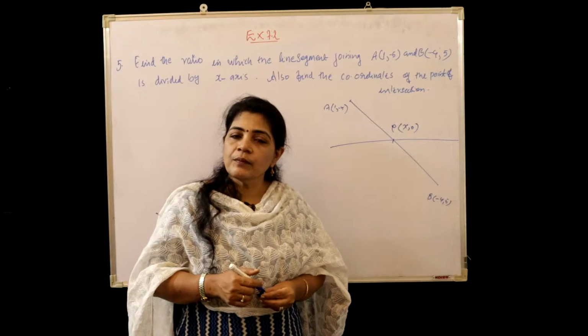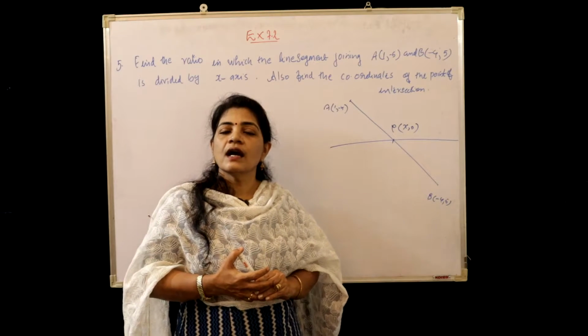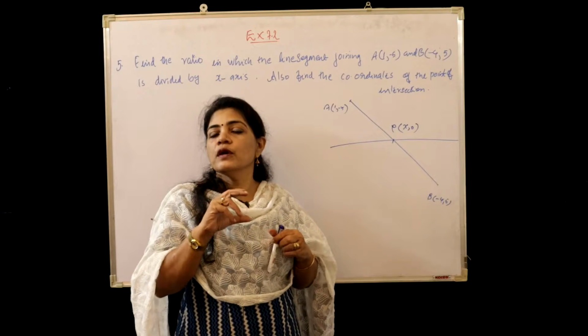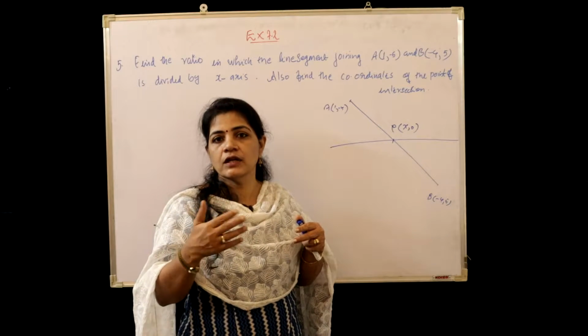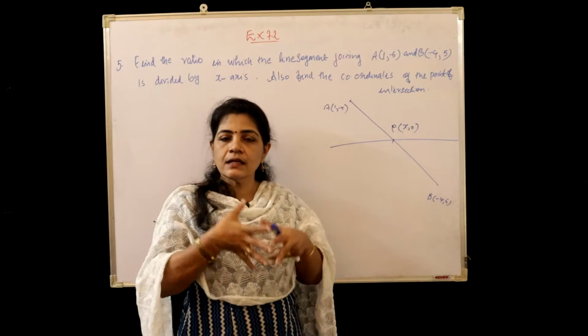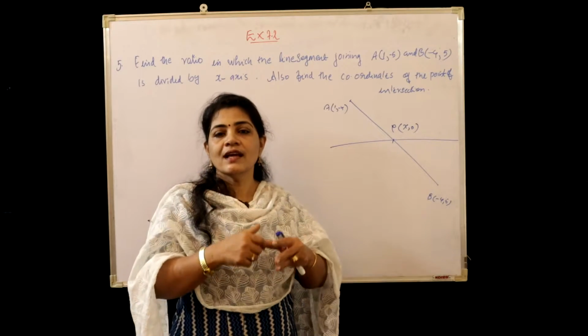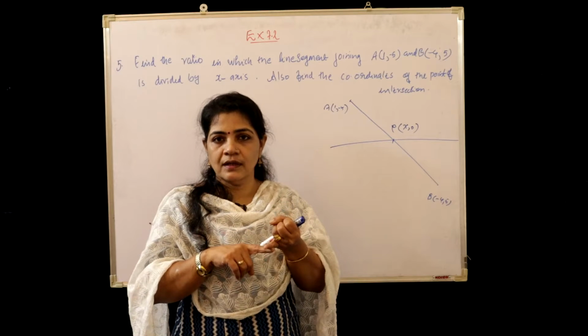And as I told in the previous question, in order to get the ratio, you can use the section formula in terms of x, that is x is equal to mx2 plus nx1 divided by m plus n, or y. See children, here in this question, when you are selecting, you should be very careful, because the ratio is unknown.